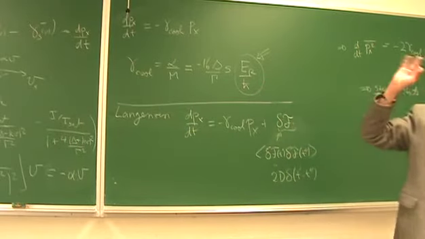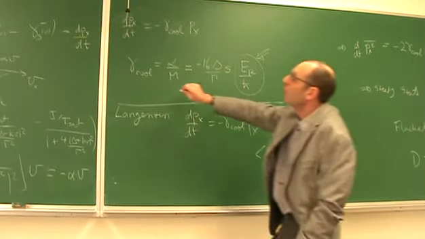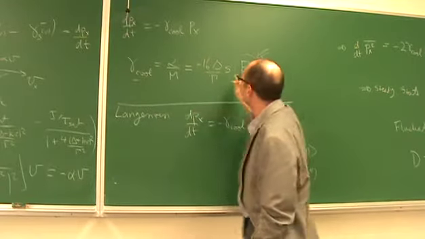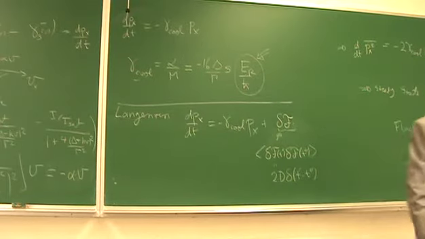You remember we had this separation of time scales which allowed us to treat the motion of the atom essentially classically, because under the assumption that the recoil energy is much smaller than the internal damping rate set by the line width, we were able to make that separation of time scales. And we see that explicitly here. The cooling rate, the rate at which the momentum is damped, is related to the recoil energy. That's not surprising. Okay?